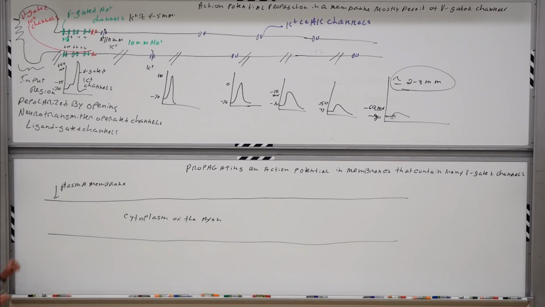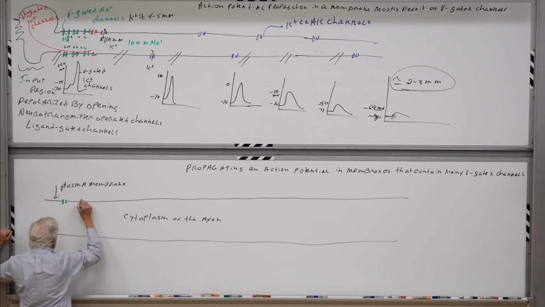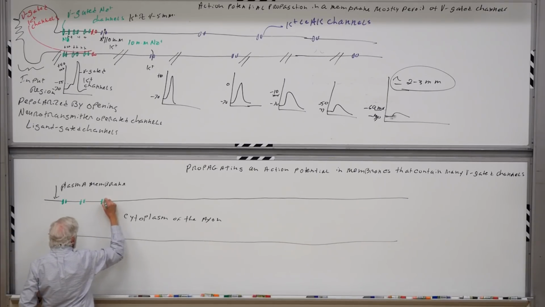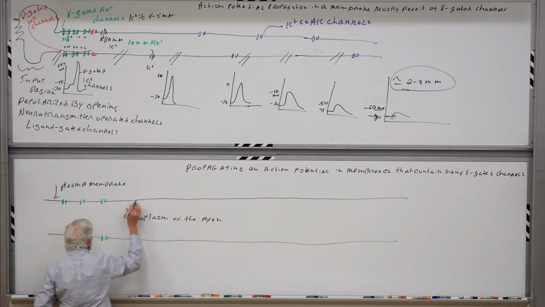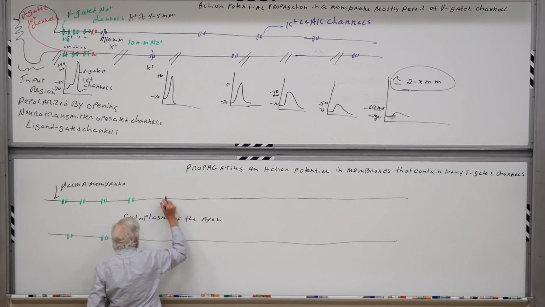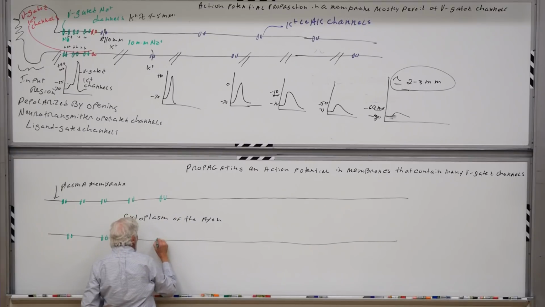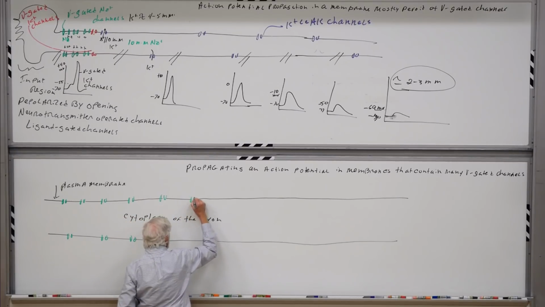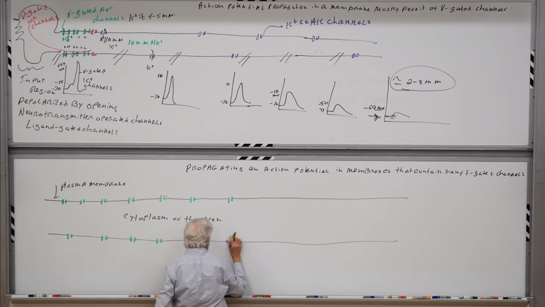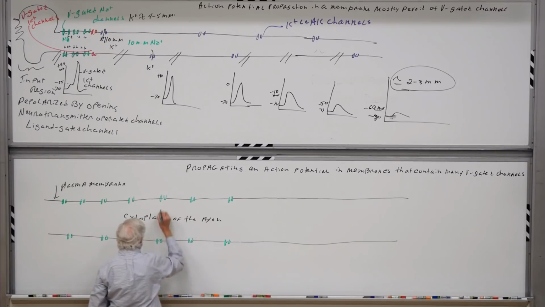Now, in the above example, we clustered those voltage-gated channels at one site, but now I want to change this pattern just a little bit, so that along the length of this axon, we see this repeating pattern of the voltage-gated sodium channels. These green guys are intended to be the voltage-gated sodium channels.